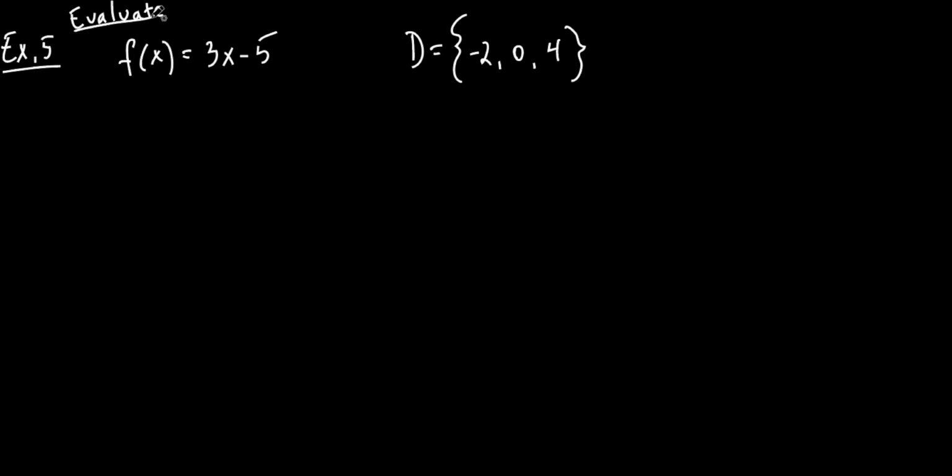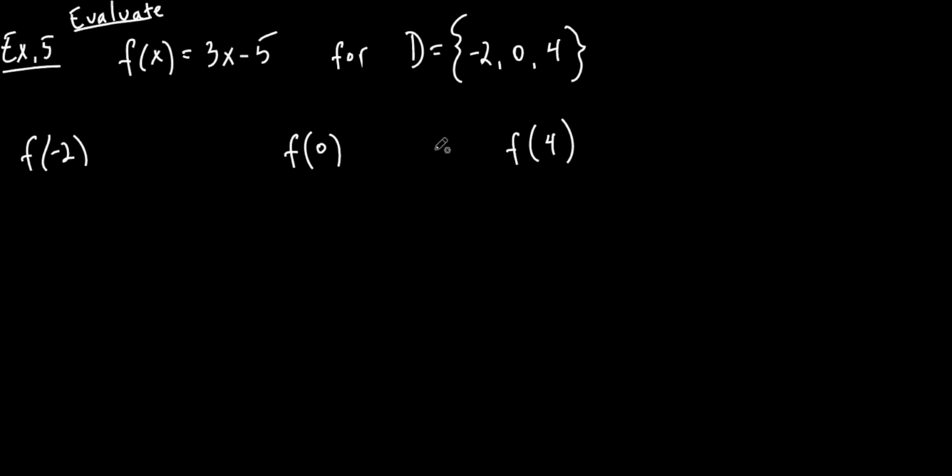But they're using evaluate to mean evaluate this, for this is my domain. So it's really like 3 questions. They're saying find f of negative 2. Then they're saying find f of, what do you think? 0. And then they're also finding f of 4. And that's what they're asking you to do.